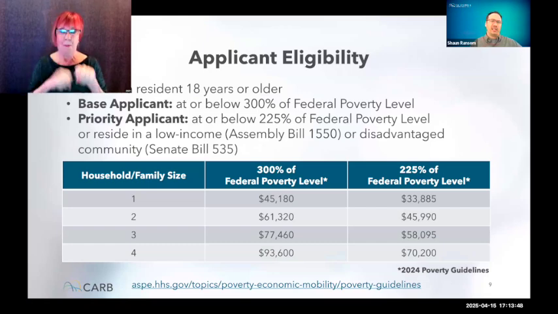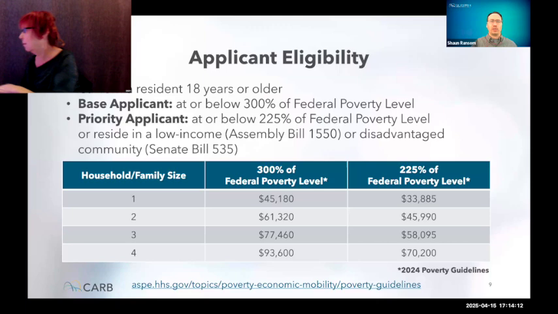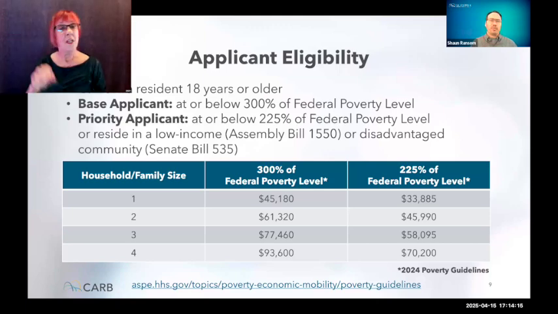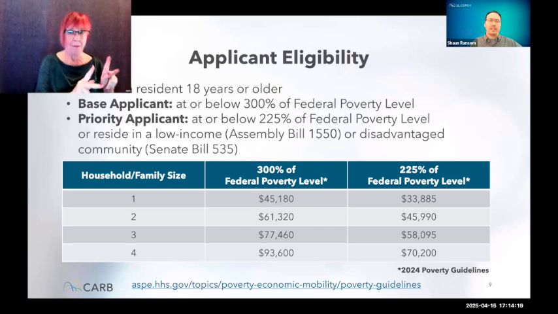And we have another tier of applicants, who have a household income at or below 225% of the federal poverty level, or they can reside in a low income community, or they can reside in a disadvantaged community. Here on the slide, we have some examples of what those income levels look like. For example, a household of one would need to make $45,180 or below.